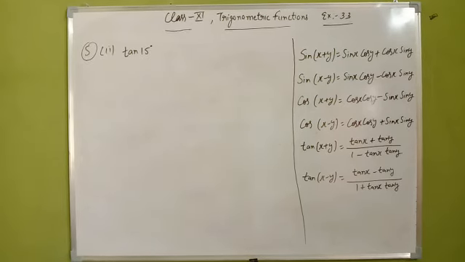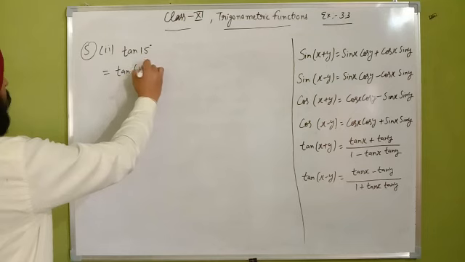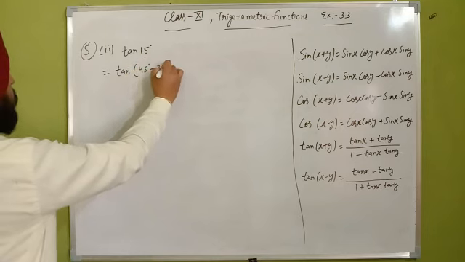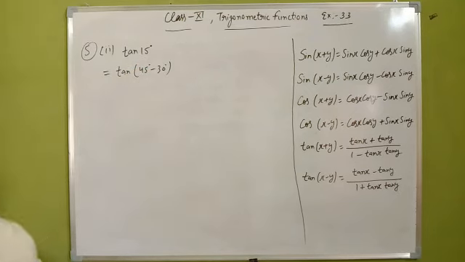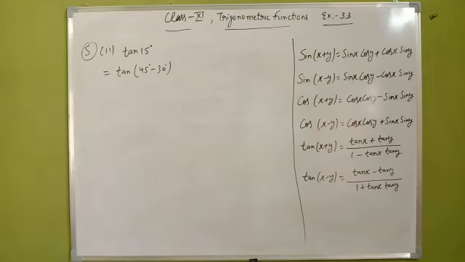Now for the second part, tan 15 degree, we have to split it in such form, that is tan of 45 degree minus 30 degree. So then you will get the subtraction, 15 degree. Which identity do we have to use to solve this tan value?